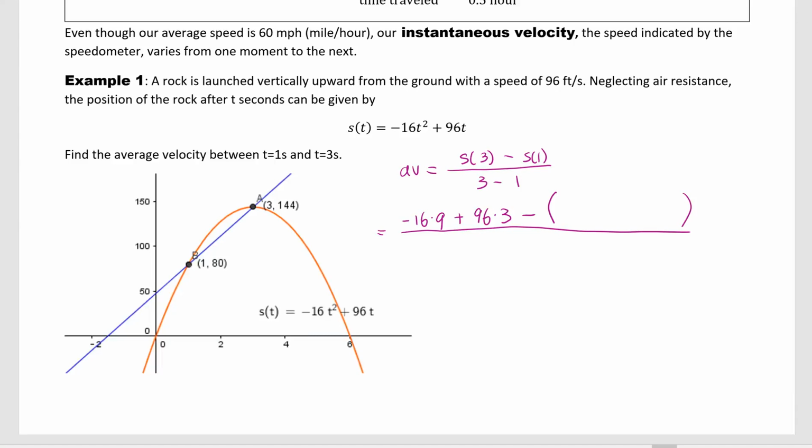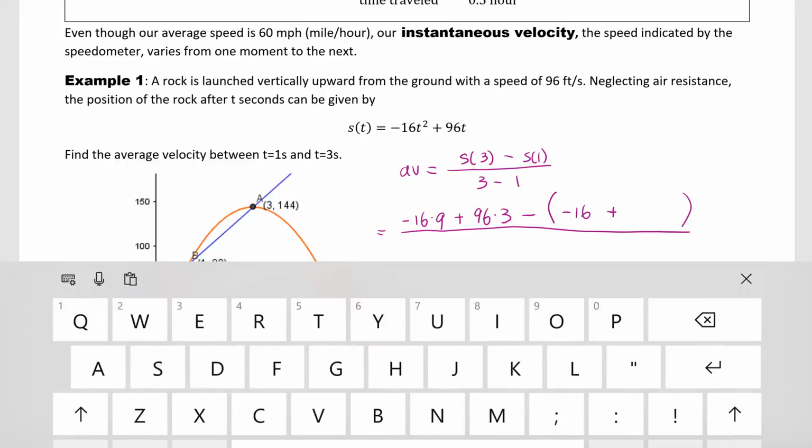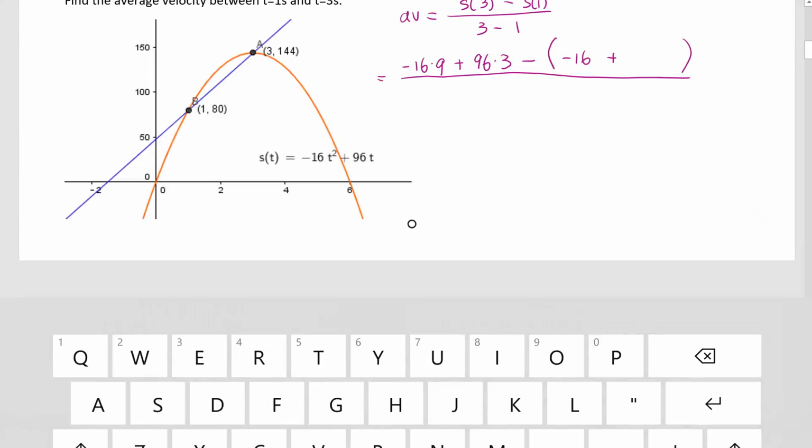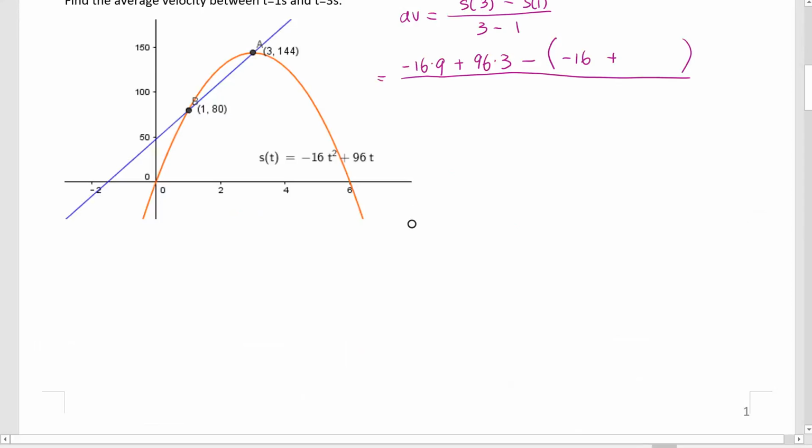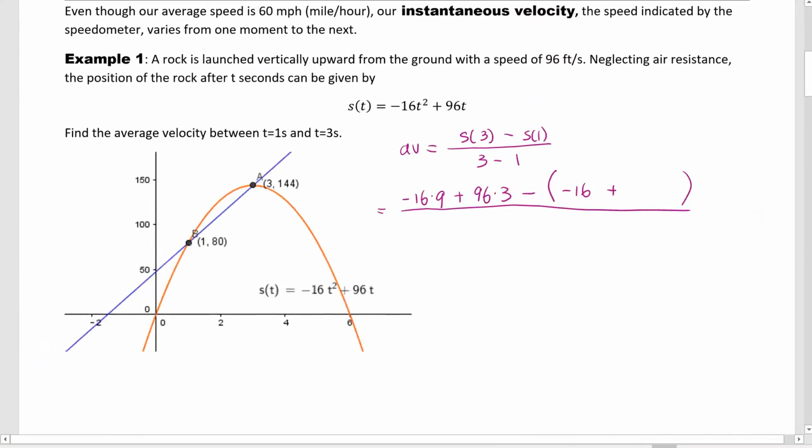Now we plug 1 into the function s of t. So negative 16 times 1 squared is 1, and 96 times 1 is 96. In the bottom, we have 3 minus 1.